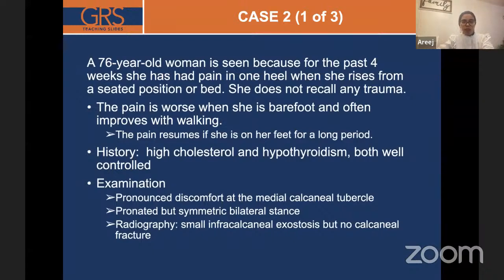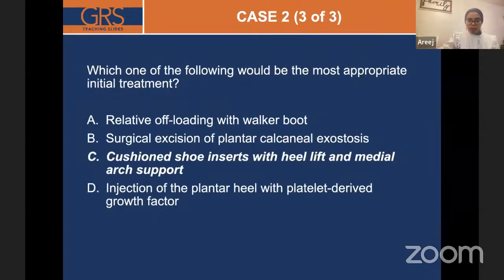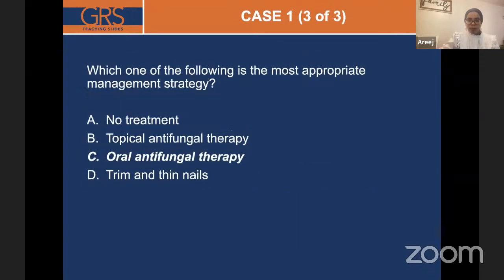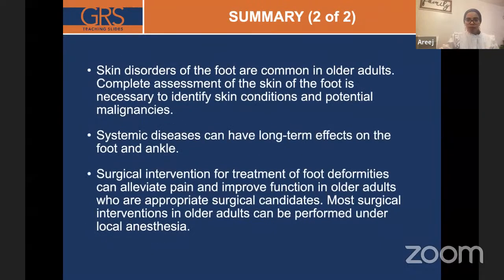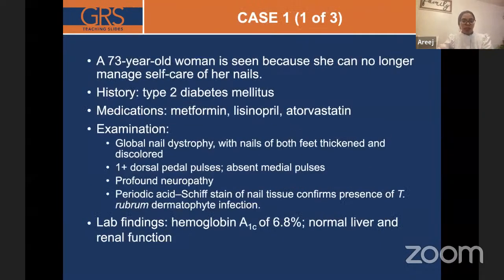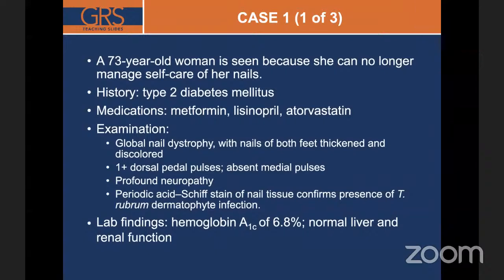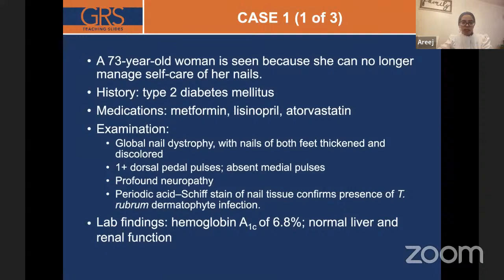the cases for food disorder. Case 2, just a minute. Okay, case 1 is a 73-year-old woman seen because she can no longer manage self-care of her nails. History of type 2 diabetes, medications metformin, lisinopril, atorvastatin.